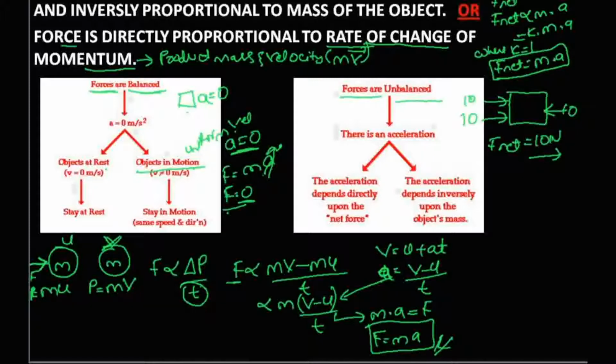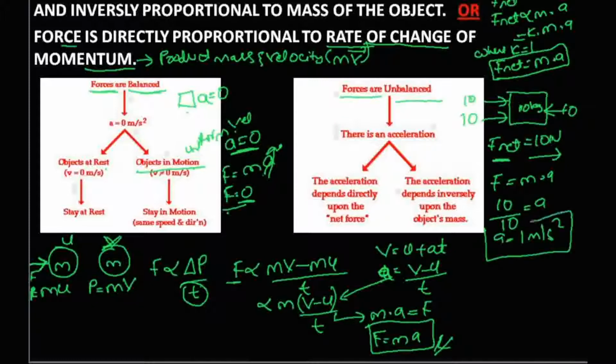So there will be an acceleration in the body due to the net force acting on it. Suppose this has 10 kg of mass. From the formula F is equal to ma, force is 10 Newton, mass is 10 kg, so a is equal to 1 meter per second square. This is how it is derived.